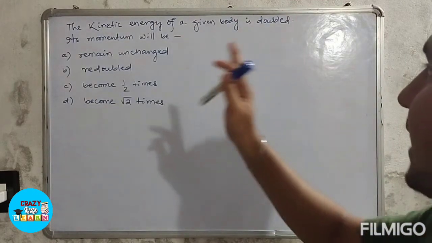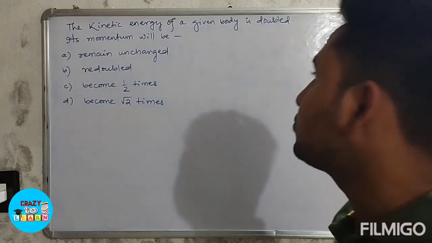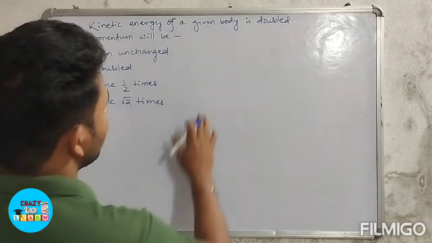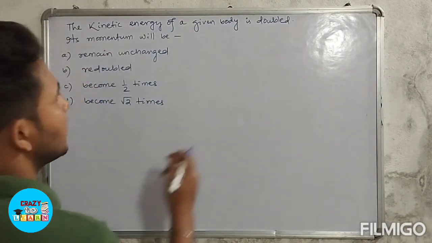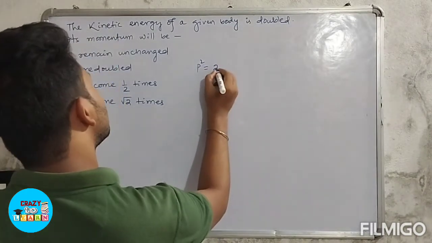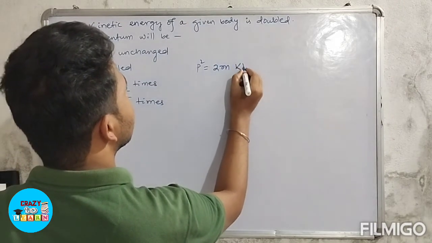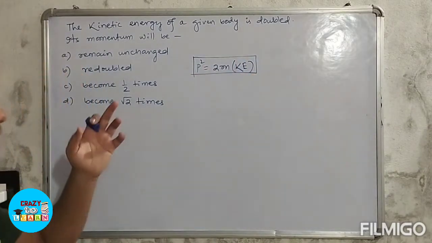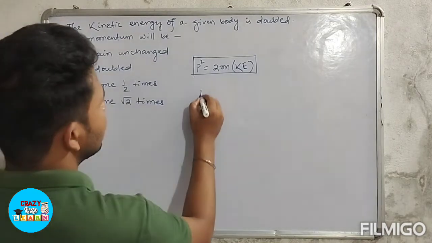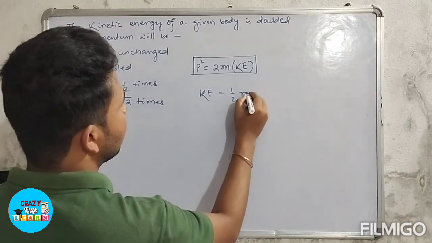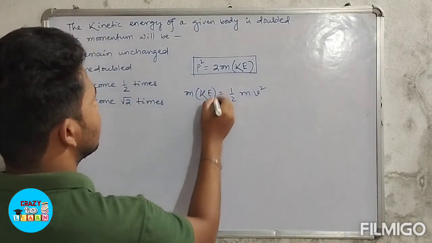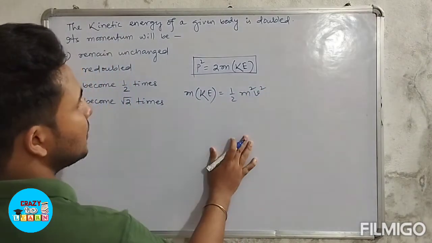Our next question is, the kinetic energy of a given body is doubled, then its momentum will remain unchanged, be doubled, become half times, or become root 2 times. So we know the relation between the momentum and the kinetic energy is p square is equal to 2m kinetic energy. You will say, how can you get this formula? As we know, the kinetic energy is equal to half mv square, both sides just multiply m, so we will get half m square v square.